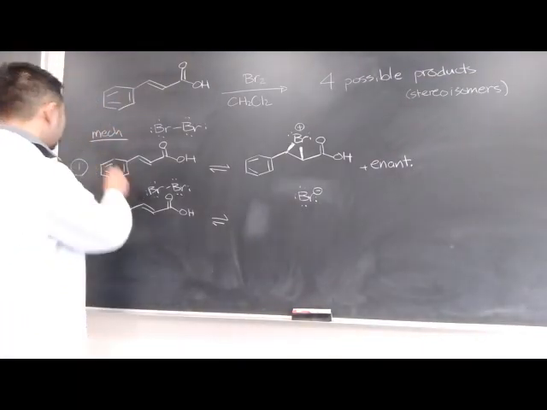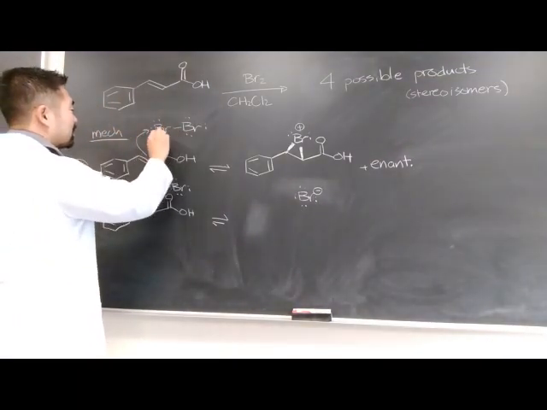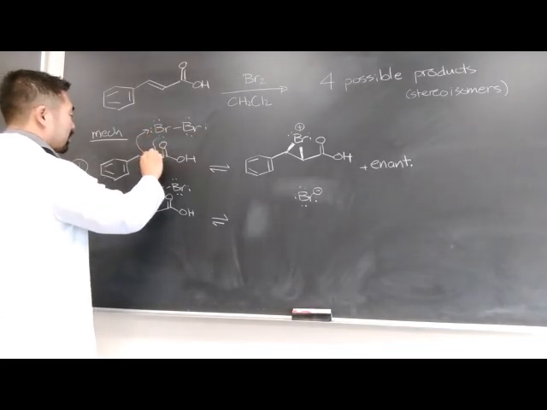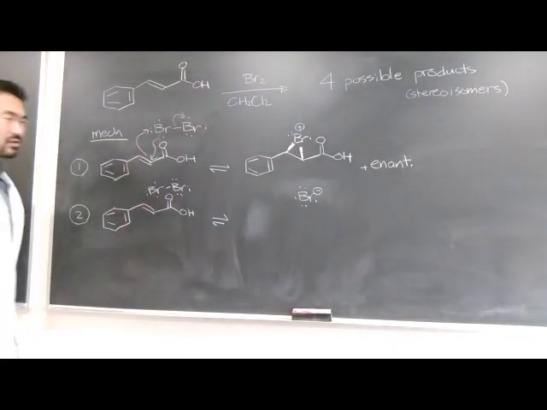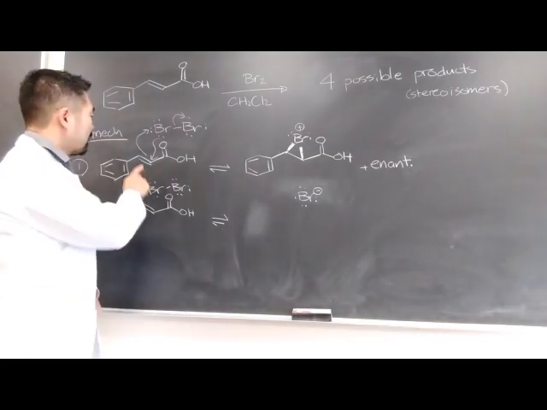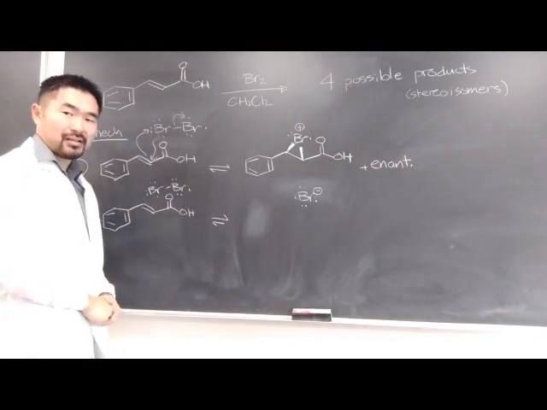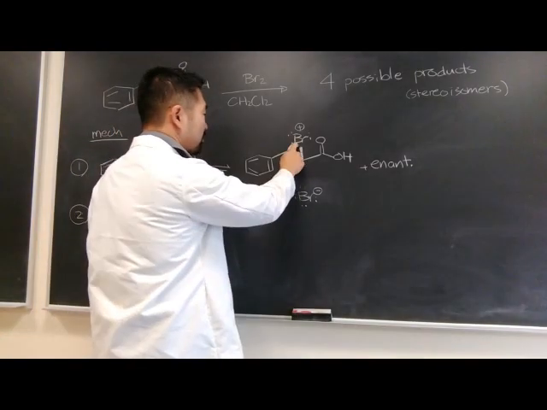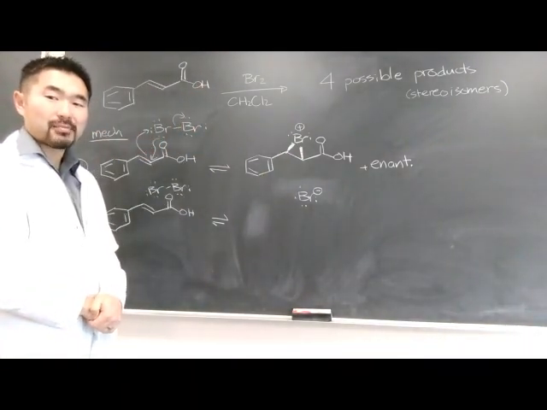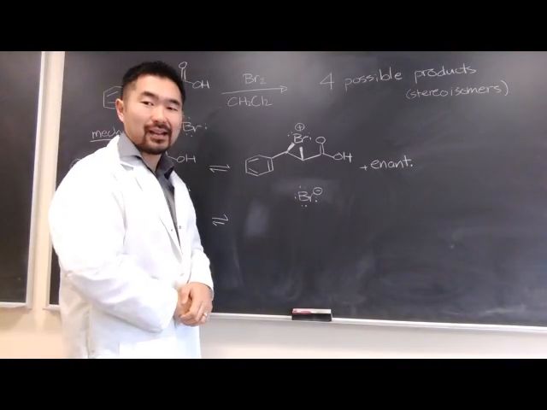For the bromonium ion pathway, here's how it is postulated that you could end up with a bromonium cation intermediate where the double bond pi electrons capture one of the bromine atoms, and so you end up with a bromonium cation and then bromide anion.